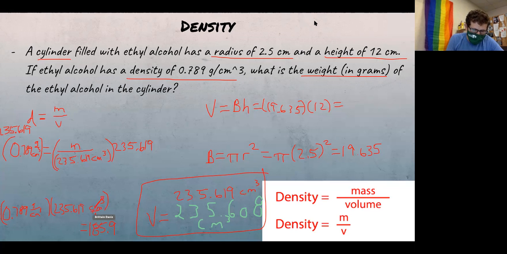So this centimeter cubed in the numerator and centimeter cubed in the denominator basically cancel each other out, and I'm left with just grams. So that's how this unit works out so that we can find the mass based on this calculation. And this is our actual answer right here, not that one. Okay, questions on this one?